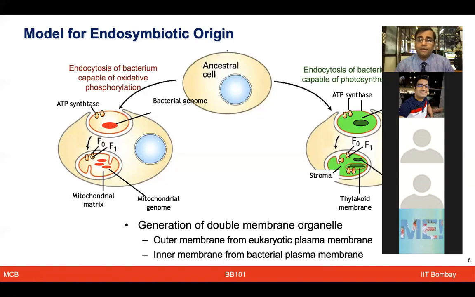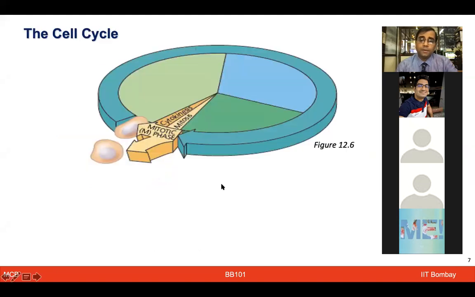And that's where the hypothesis made by scientists like Margulis was discussed, that a eukaryotic cell might have taken in a bacterium and used that bacterium as a part of its cell, utilizing it as a specialized organelle like mitochondria or chloroplast.